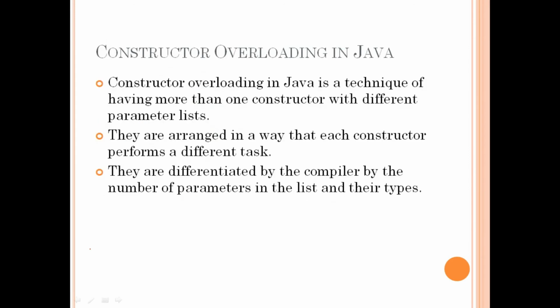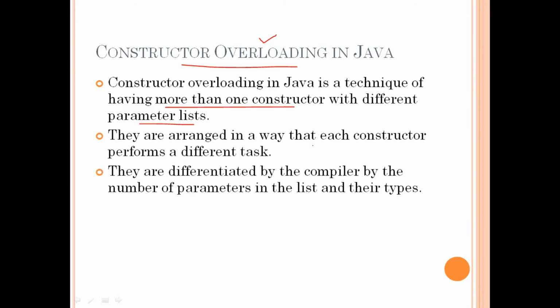The next concept is a major basic concept, that is constructor overloading. Overloading means we can do the work many times with different signatures. Constructor overloading means we have more than one constructor with different parameter lists.